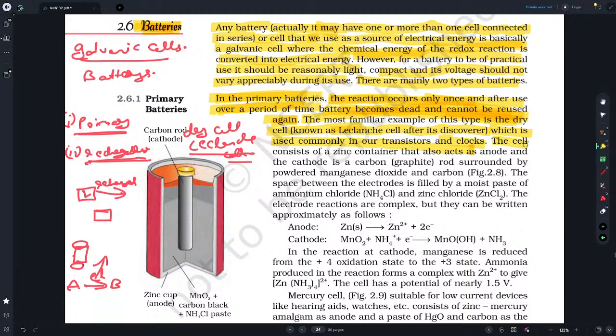clocks. The cell consists of a zinc container as an anode, meaning oxidation. Zinc from the electrode will dissolve in the solution and give out electrons to the electrode, and the cathode is a carbon graphite rod surrounded by powdered manganese dioxide and carbon.